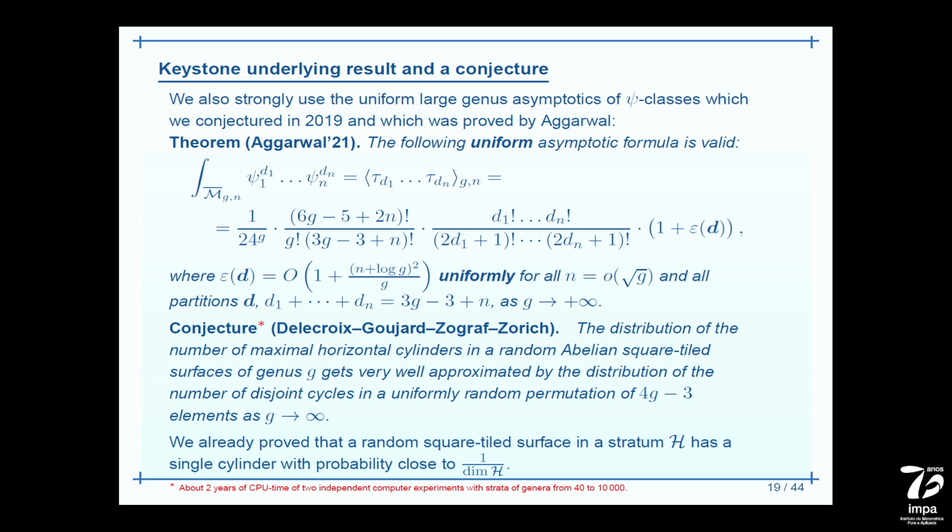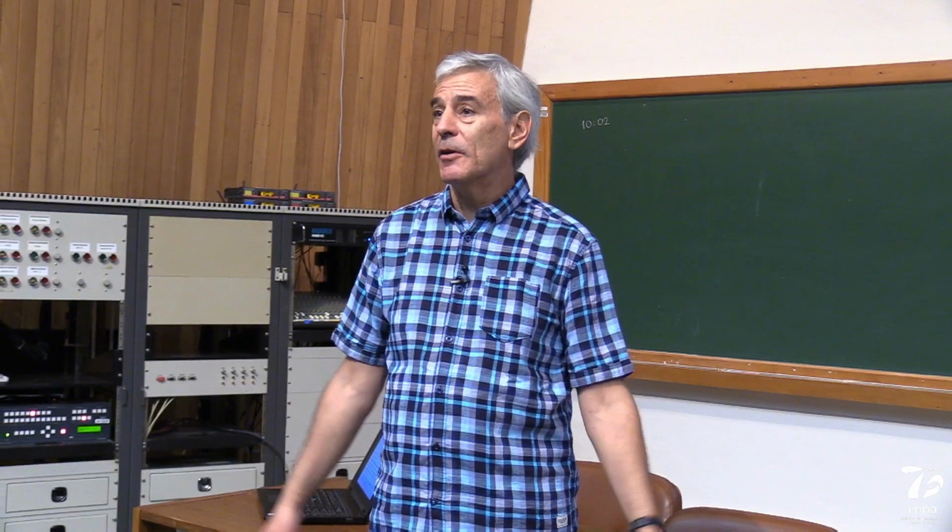When you have tons of numbers like this, the best way to treat them is to wrap them in one generating function, adding some formal parameters, and then considering the corresponding series. So he conjectured that the corresponding generating function satisfies certain equations. At that time, it was completely unexpected. And this is Witten's conjecture.